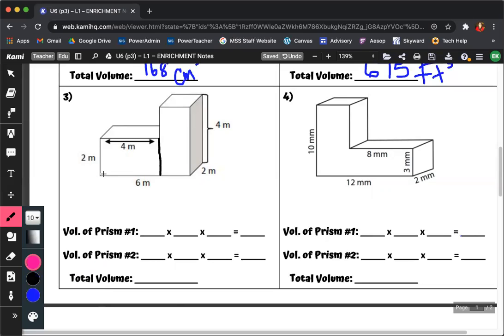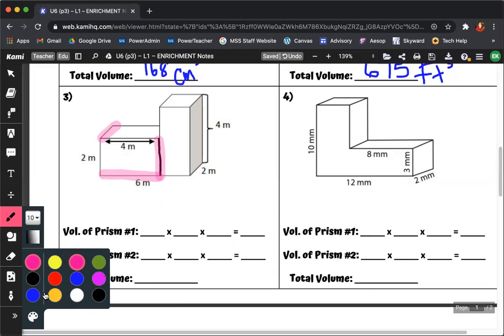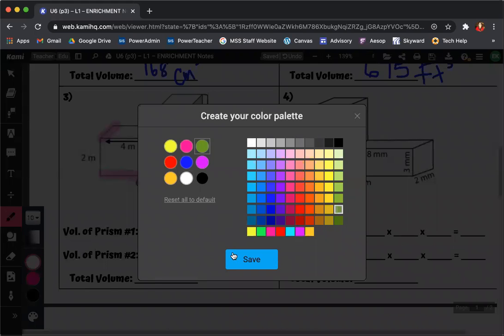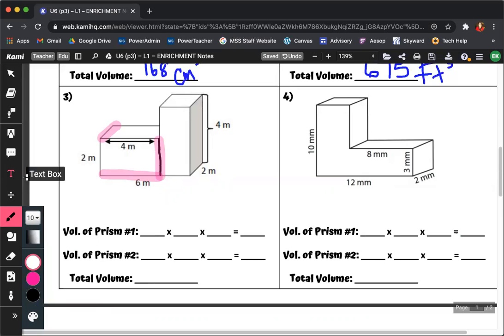So we've got prism 1, we need our base, we need our height, and we need the width across, which is a little bit hard to see, so I'm going to highlight it over here. Same thing for shape B, shape number 2.